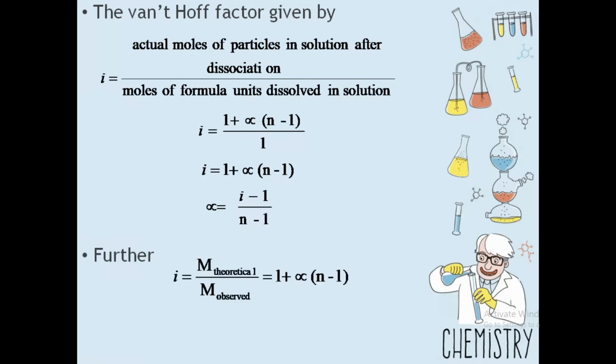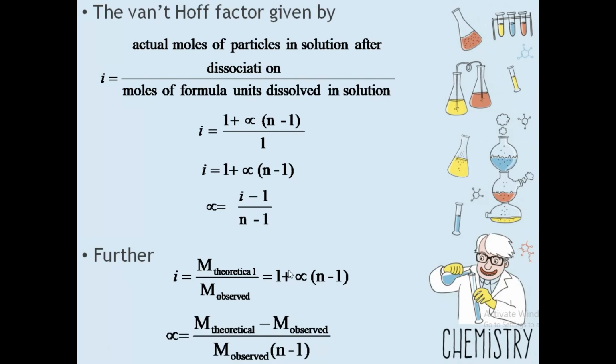Further, we know that colligative property is inversely proportional to molar mass, and we have calculated that i is equal to M theoretical divided by M observed. Here i is equal to 1 plus alpha (n minus 1), so these two will be equal.